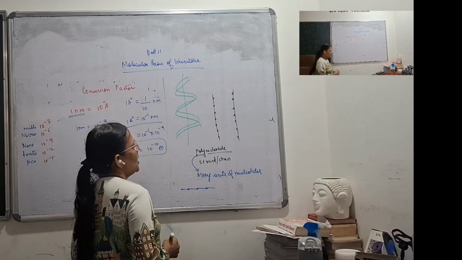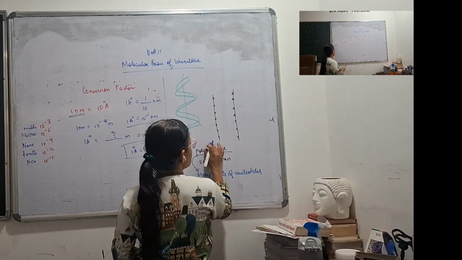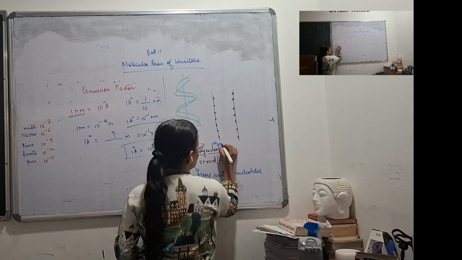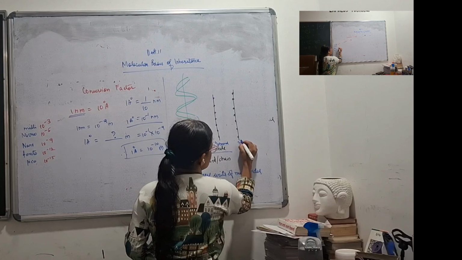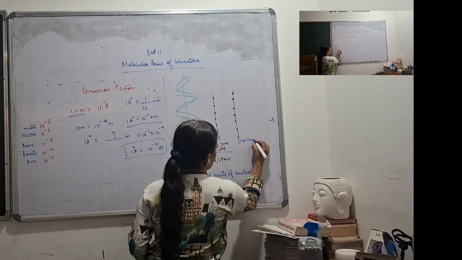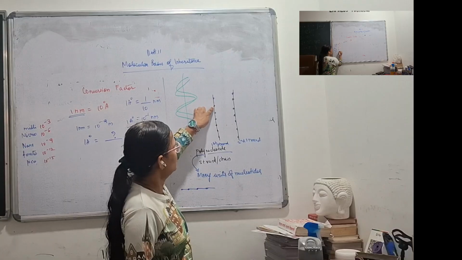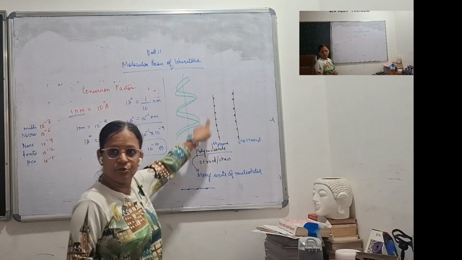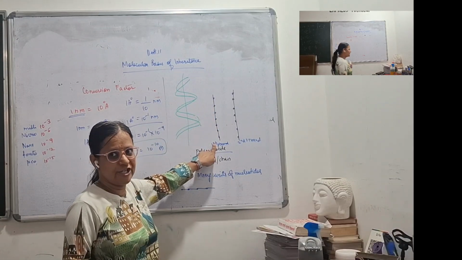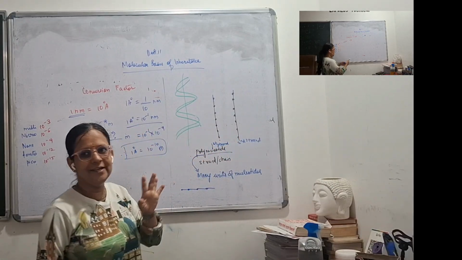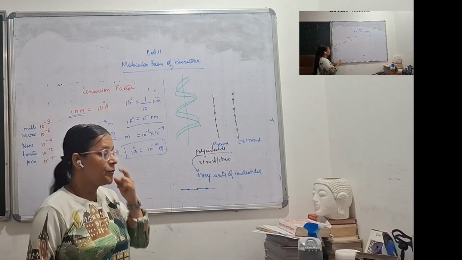And in one strand, this is the first strand of DNA and this is my second strand of DNA, right? On both the strands, I am having nucleotides. So this is forming a polynucleotide chain. I am having two polynucleotide chains in a DNA.